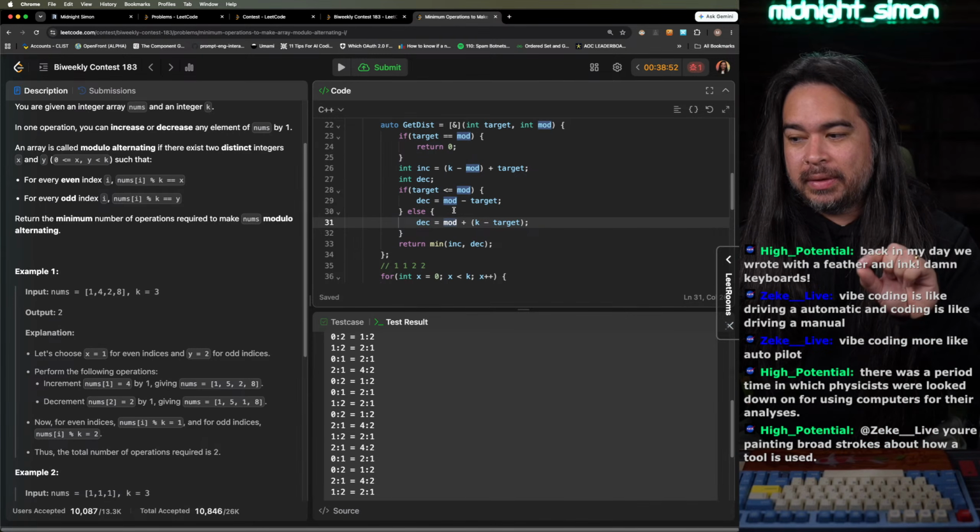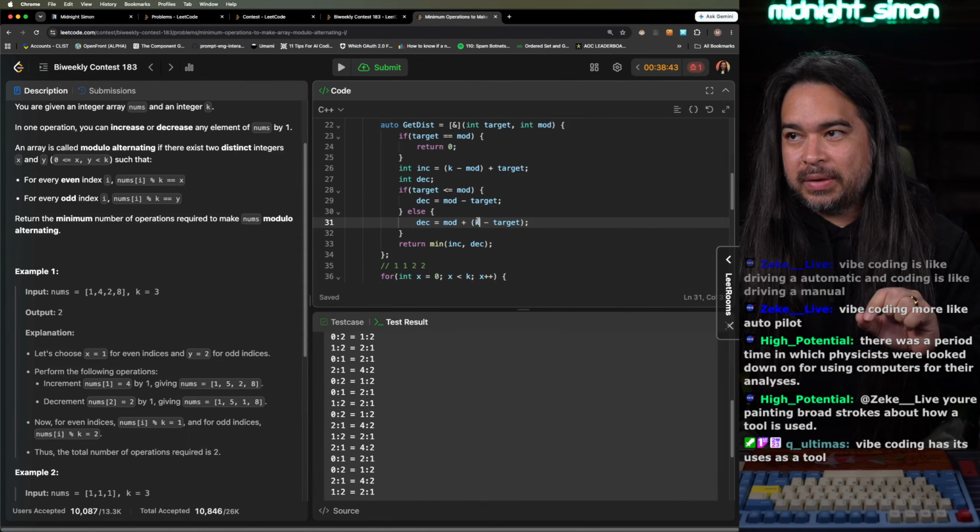We have to decrease. Oh, I think the off by one is like right here, because this gets to 0.